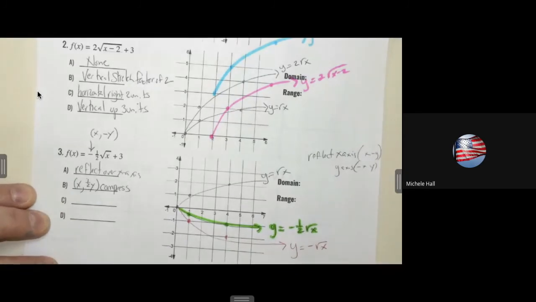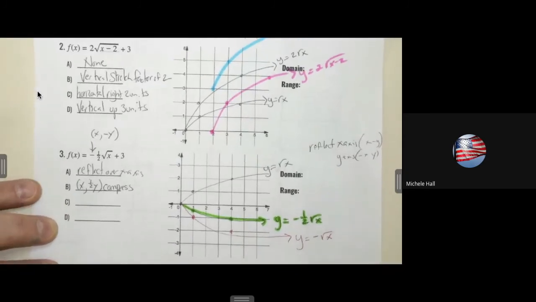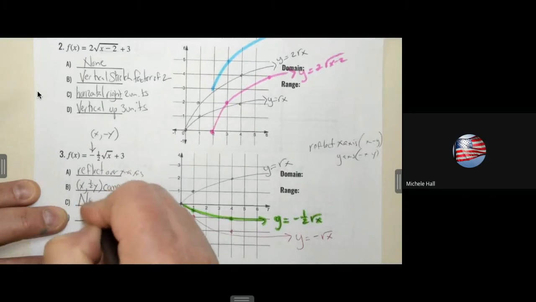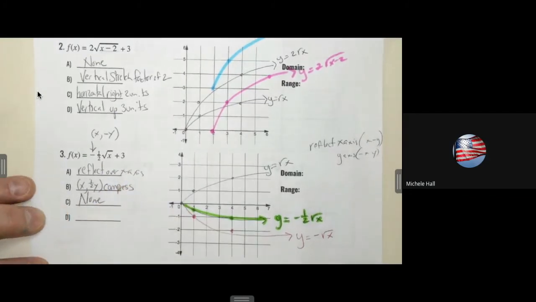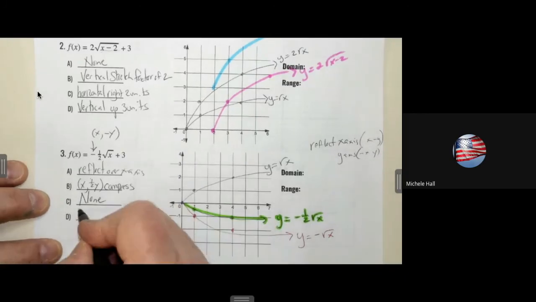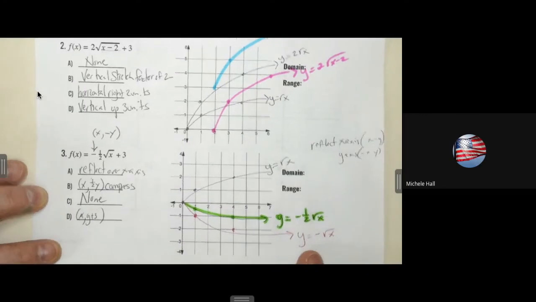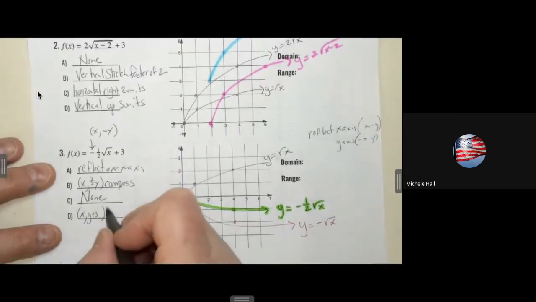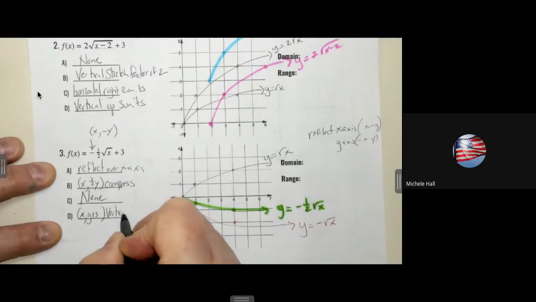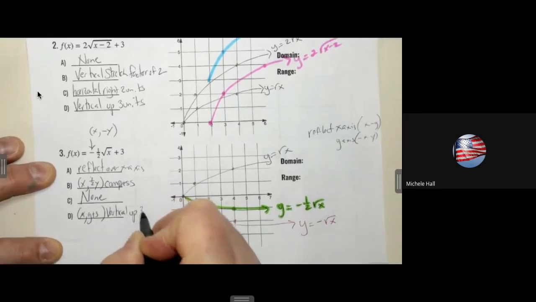Identify, C, any horizontal translations. This time we don't have anything happening to the x. This is on the outside of the square root, so there would be no horizontal shift. How about a vertical translation? Yes, we're going to be moving up 3 units. That means that we are adding 3 to all of our y values. So we would say a vertical translation going up 3 units.